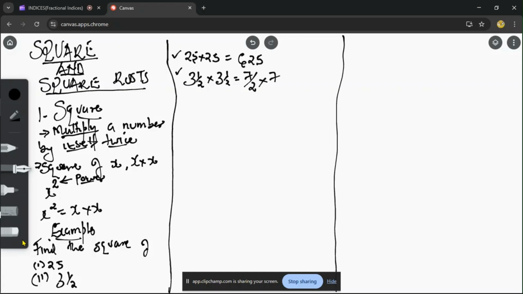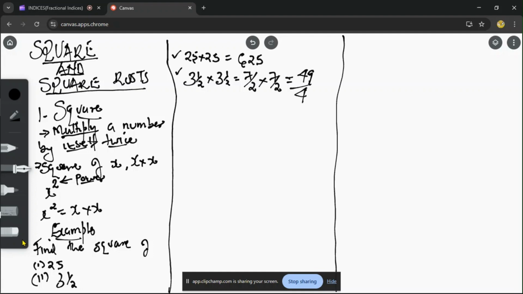So you multiply the number by itself. My answer will be 7 by 7 is 49, then we are dividing by 2 multiplied by 2, which is equal to 4. Then I get my answer like that.